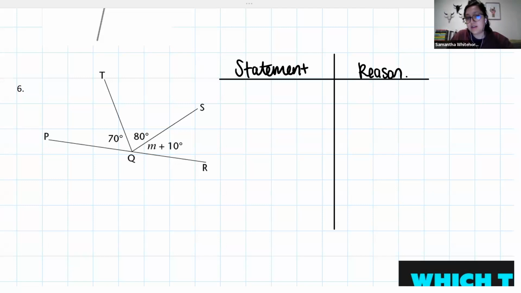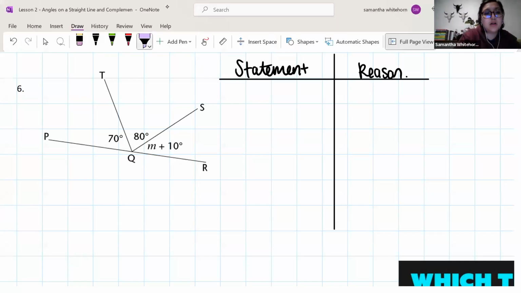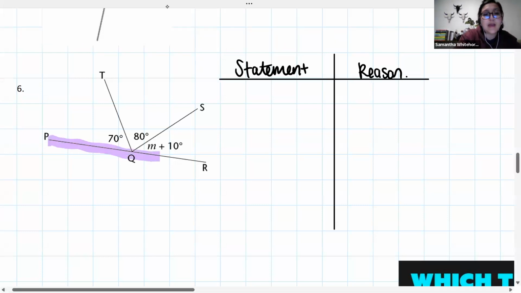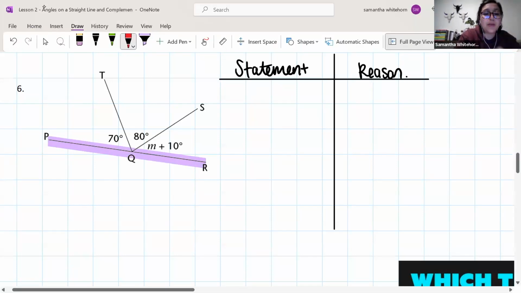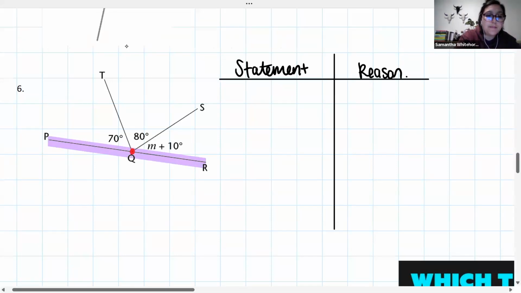Okay, lovely, lovely children. Let's have a look here. So what we see is that we've got PQR, which is a straight line. And yes, QS and TQ are straight lines as well. But the reason I'm specifically picking PQR or PR is because I see that there's that common vertex there, around which I have 70, 80, and m plus 10.